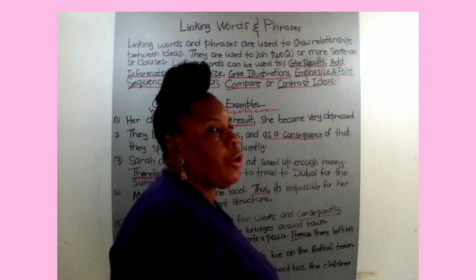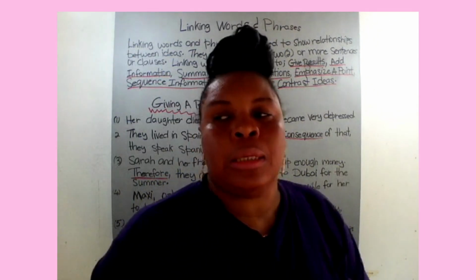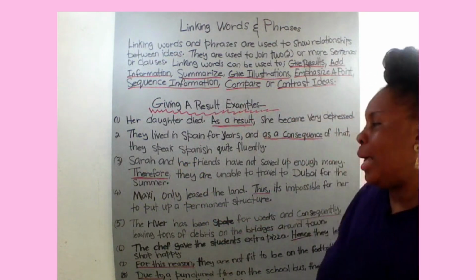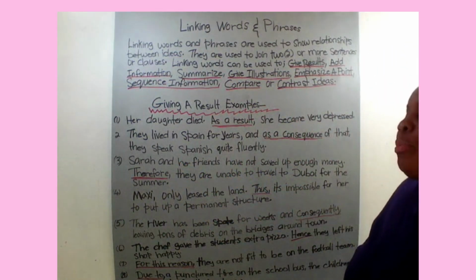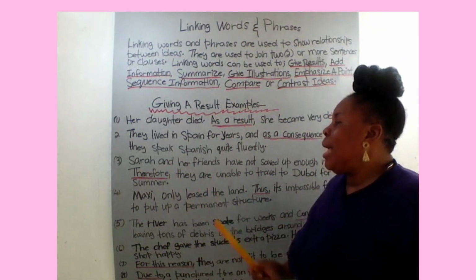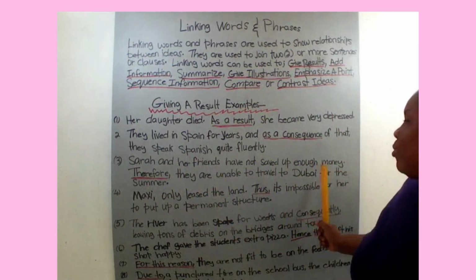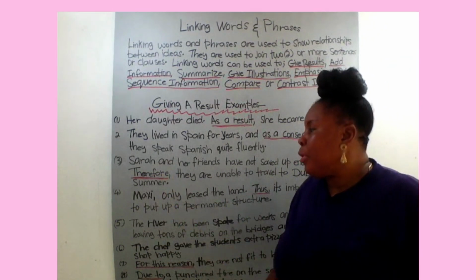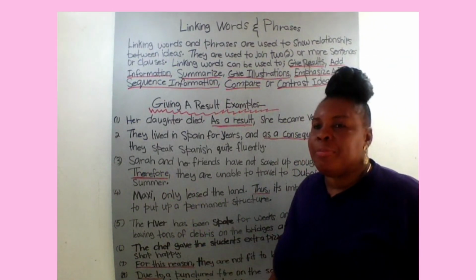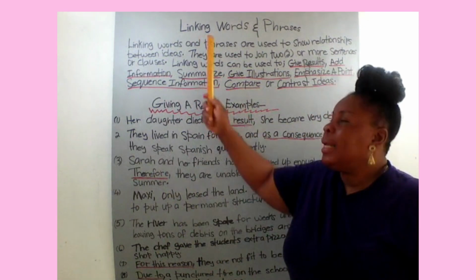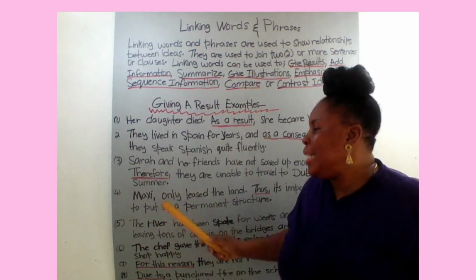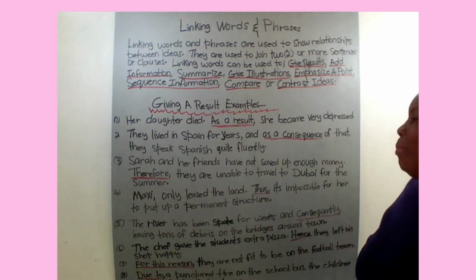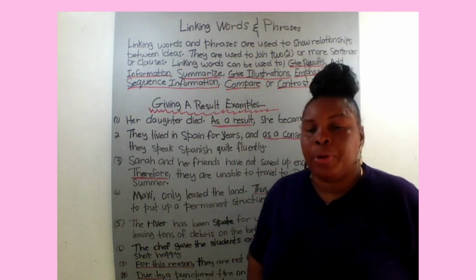In this place, there are two separate sentences. Sarah and her friends have not saved up enough money. That's full stop. Therefore, additional information is being added, which we use the linking word to add. They are unable to travel to Dubai for the summer.